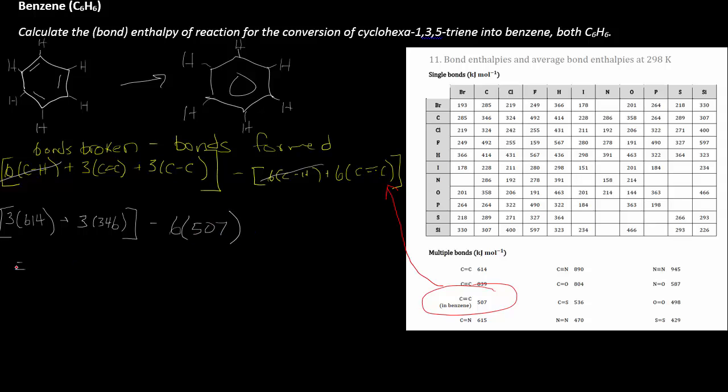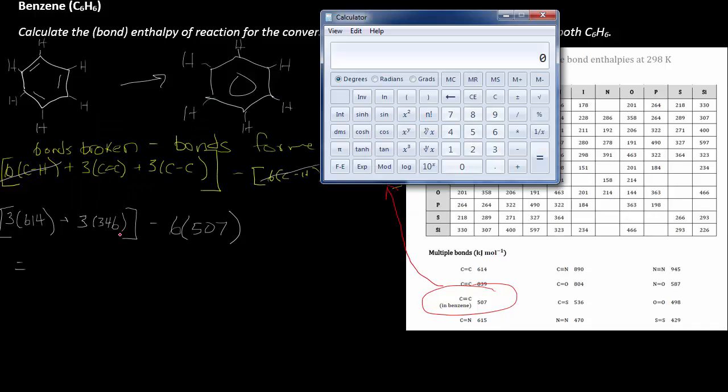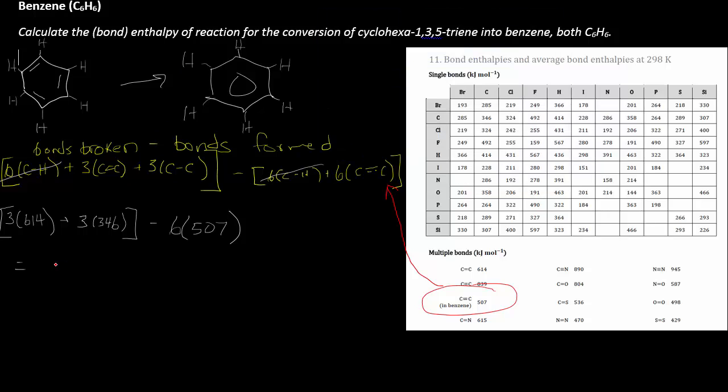We'll pull up a calculator here, and we can see that the enthalpy of this reaction is negative 162 kilojoules per mole.